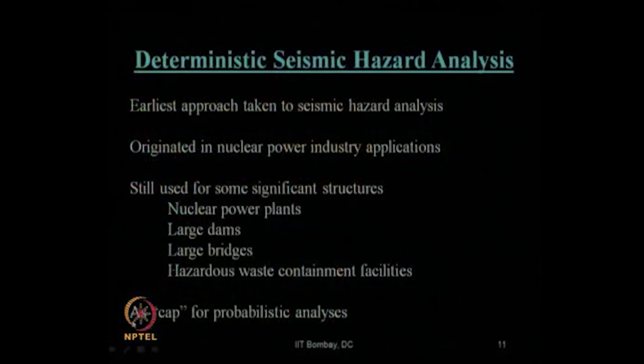So, you can see over here it is mentioned as a cap for the probabilistic analysis. Why is it mentioned as a cap? Cap means there is nothing beyond that, because in the deterministic analysis what you are proposing is the design data, say the design seismic acceleration, peak horizontal acceleration, or design value of peak horizontal velocity for a particular site.